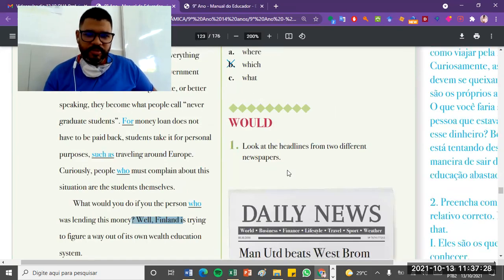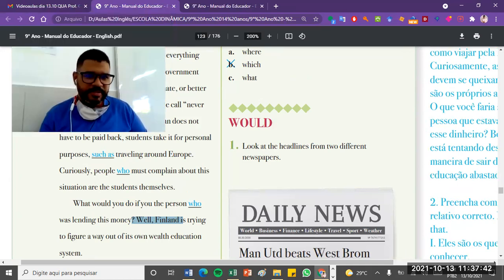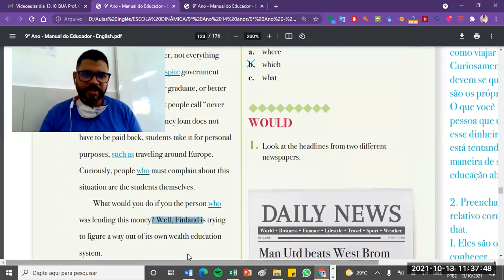So there are two different headlines, but they're talking about the same thing, the same situation. So look at the headlines from two different newspapers, all right? Have a look at this. So by this we've finished. We stop here the correction of homework.